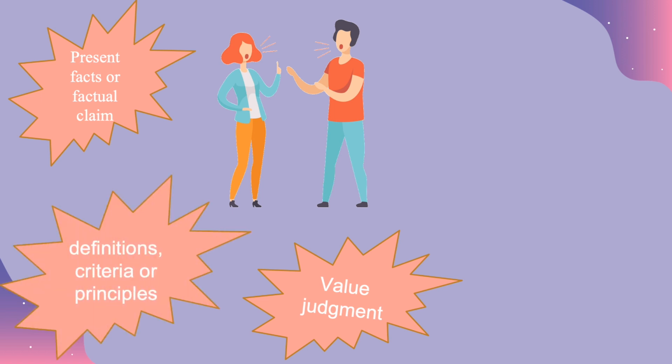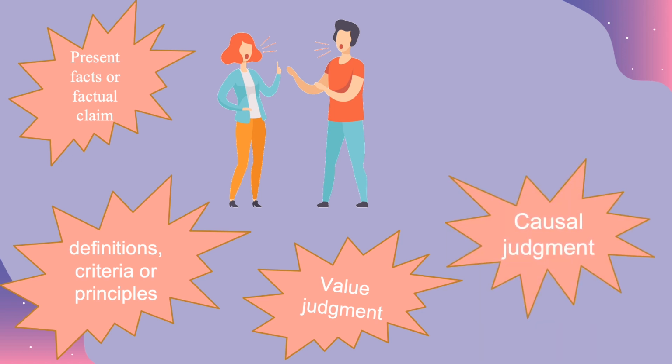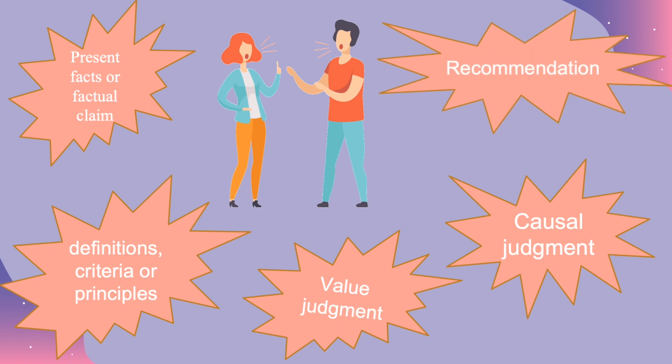Some state definitions, category, or principle. Moreover, some also give causal judgments, which take the form of A was a cause of B. And last but not least, some provide recommendation.